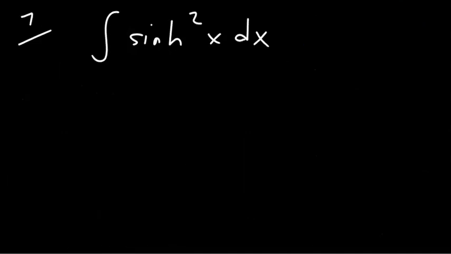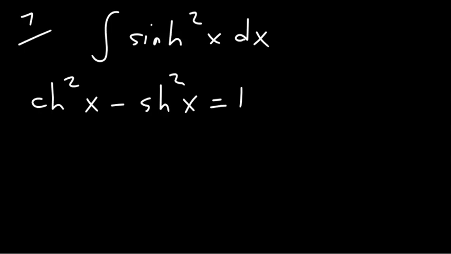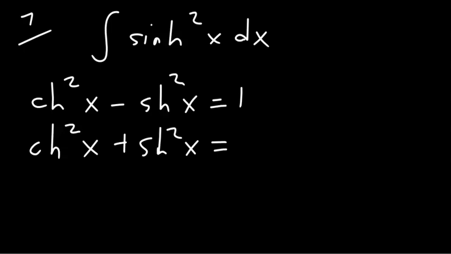What about this following integral? Let's go back and look at the important identity that we discussed earlier, namely hyperbolic cosine squared x minus hyperbolic sine squared x equals 1, and the other one is hyperbolic cosine squared x plus hyperbolic sine squared x equals hyperbolic cosine of 2x.